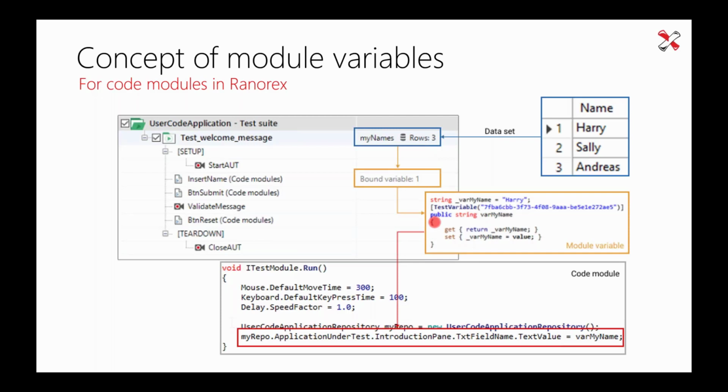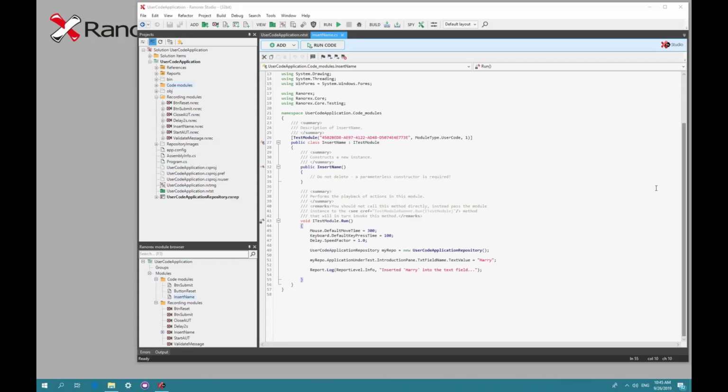So I could define a module variable here which is visible to the outside and can be bound to the external data source, and inside can be used to use the content of this variable within the code module. And this is what I would like to show you now.